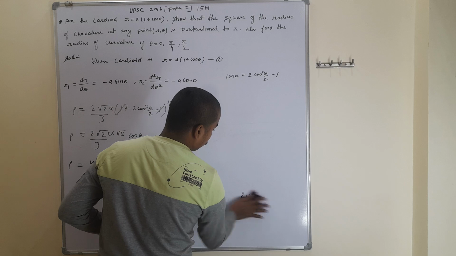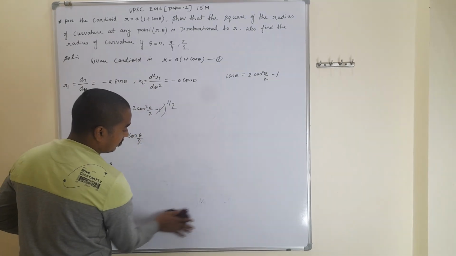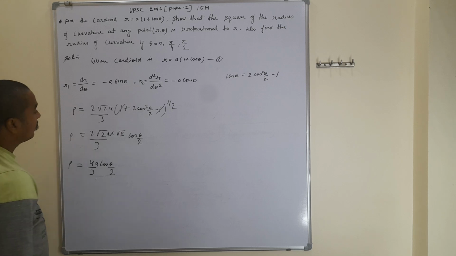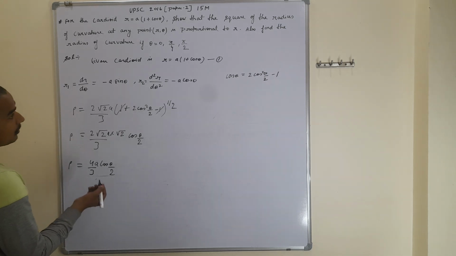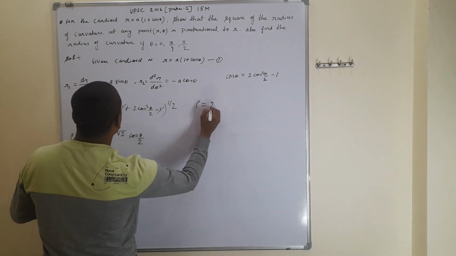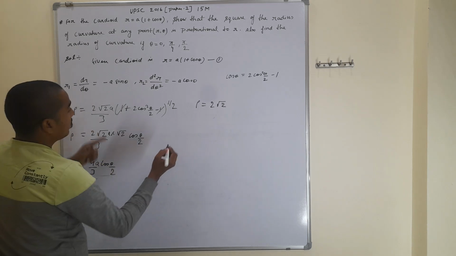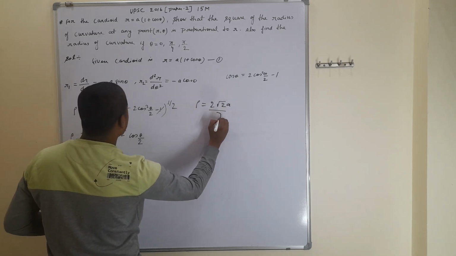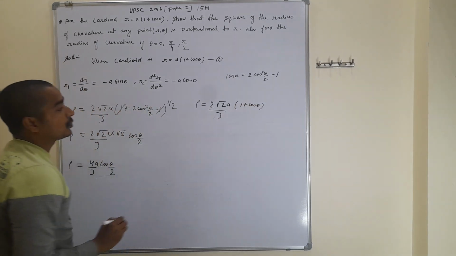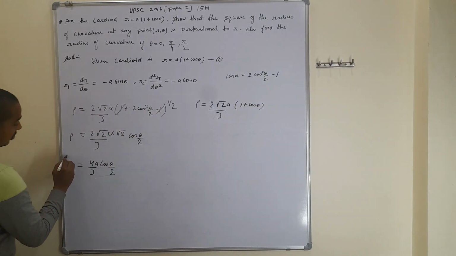And in the given question we have to prove the radius of curvature is directly proportional to r, using rho is equal to 2 root 2 a upon 3 into 1 plus cos theta, whole power 1 by 2.